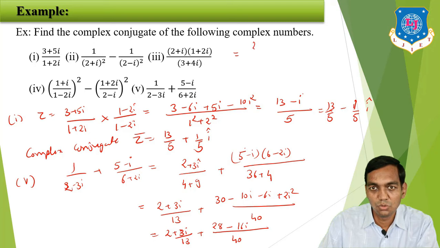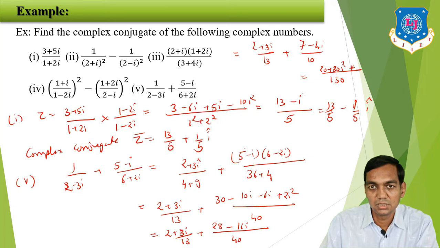So that will give you 2 plus 3i upon 13 plus, 4 common out, 7 minus 4i upon 10. And the LCM will be 130. So multiplying this with 10, 20 plus 30i, plus 7 into 13, 91 minus 52i.